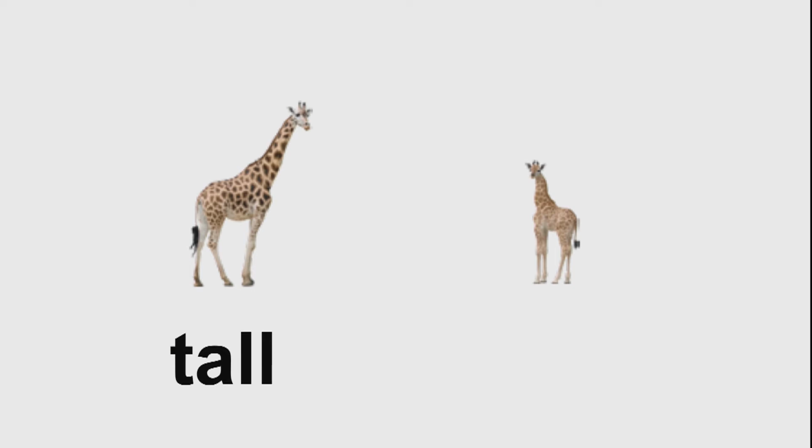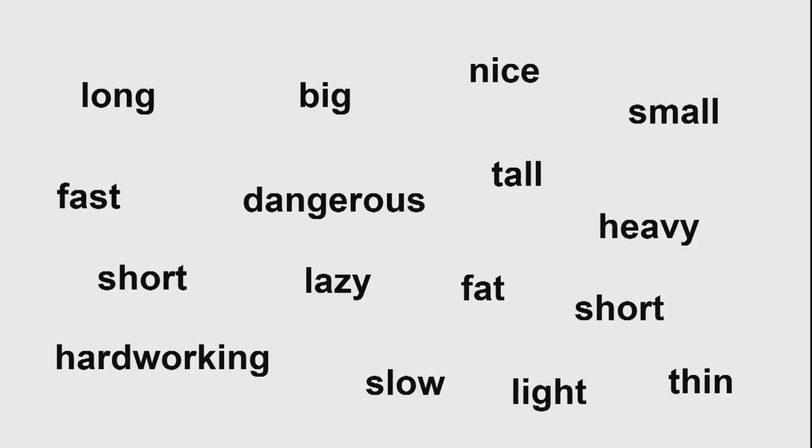The second giraffe is short. Look, short is the opposite of two different words, long and tall. It has two meanings, короткий and низкий. Let's check if you remember what opposite adjectives come together. Work with your partners now and find pairs of opposite words. For example, big and small.